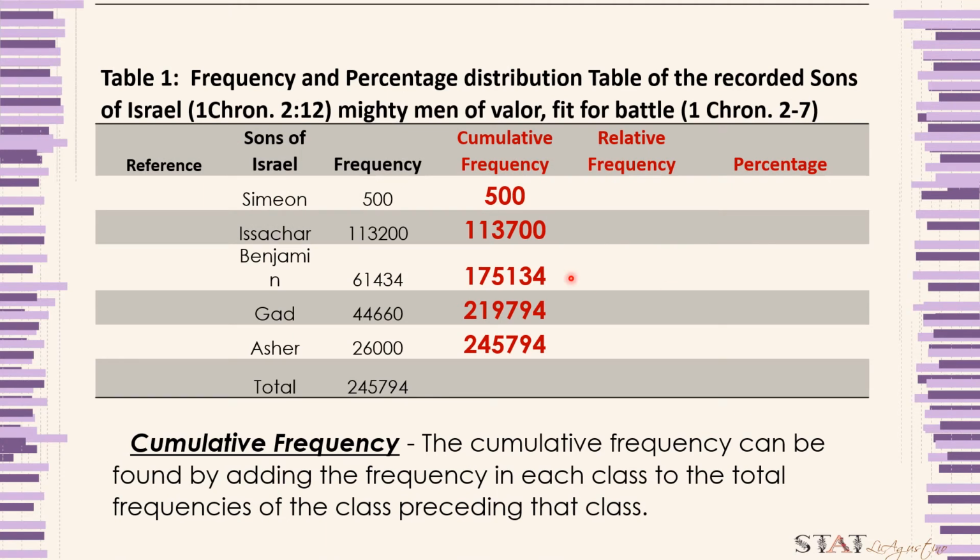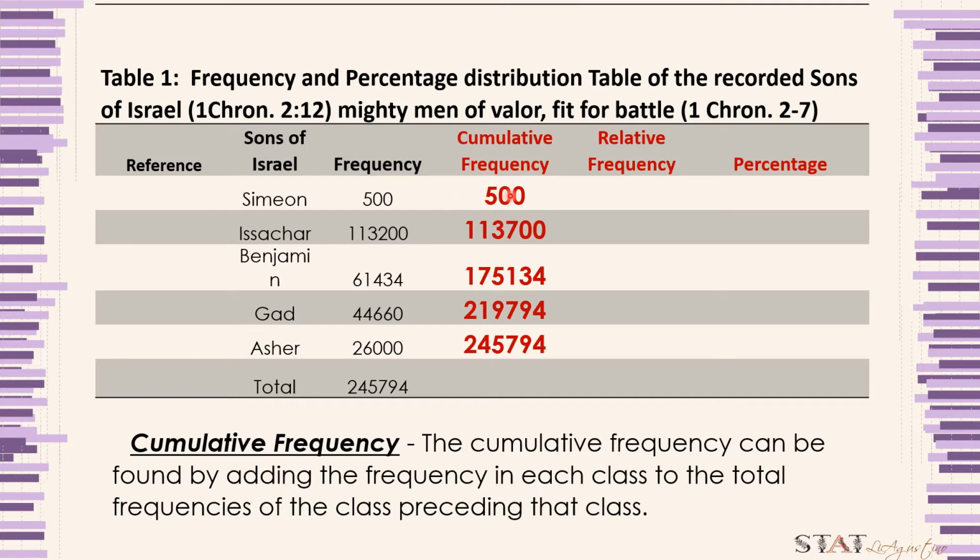In our same example in the previous slide, according to the definition, we just add the frequency in each class and then add the preceding data. Since there is no preceding class for Simeon, you just copy it in the first class.